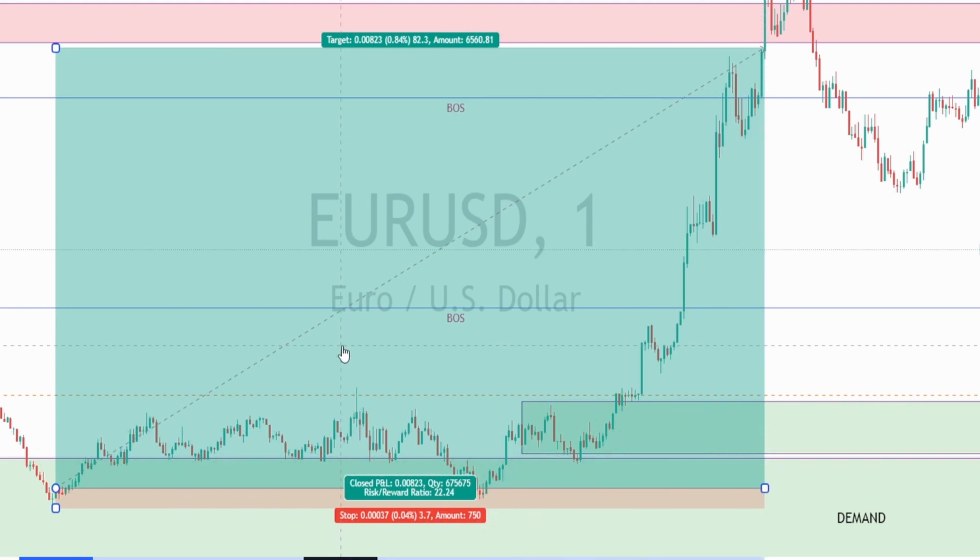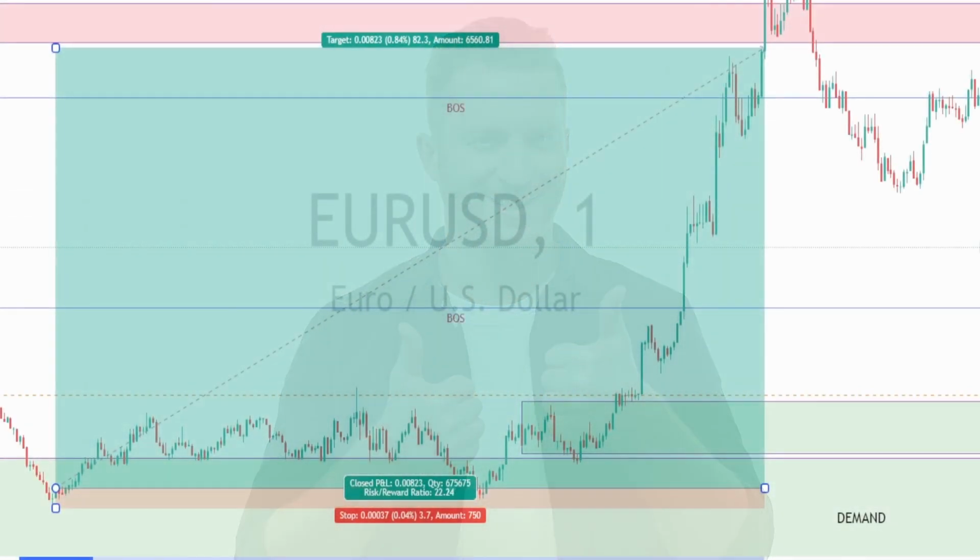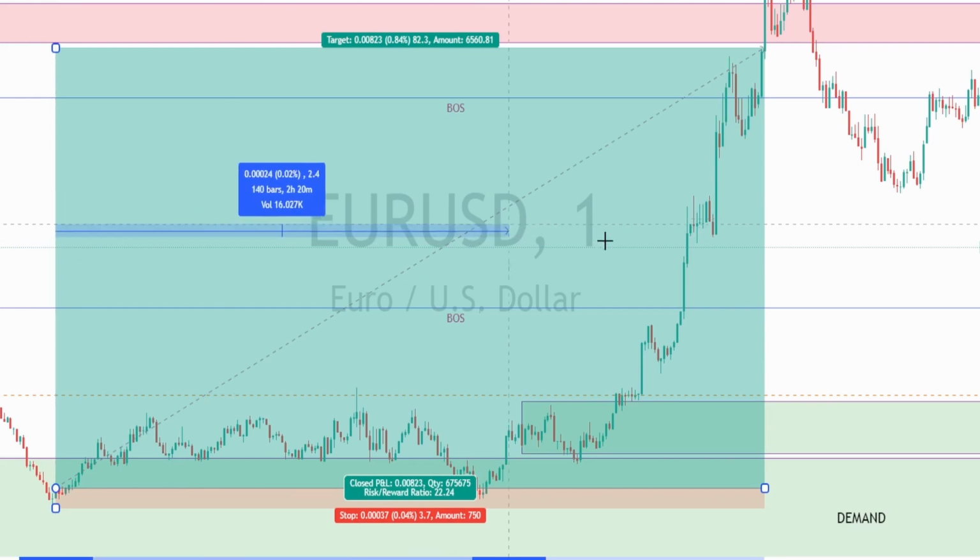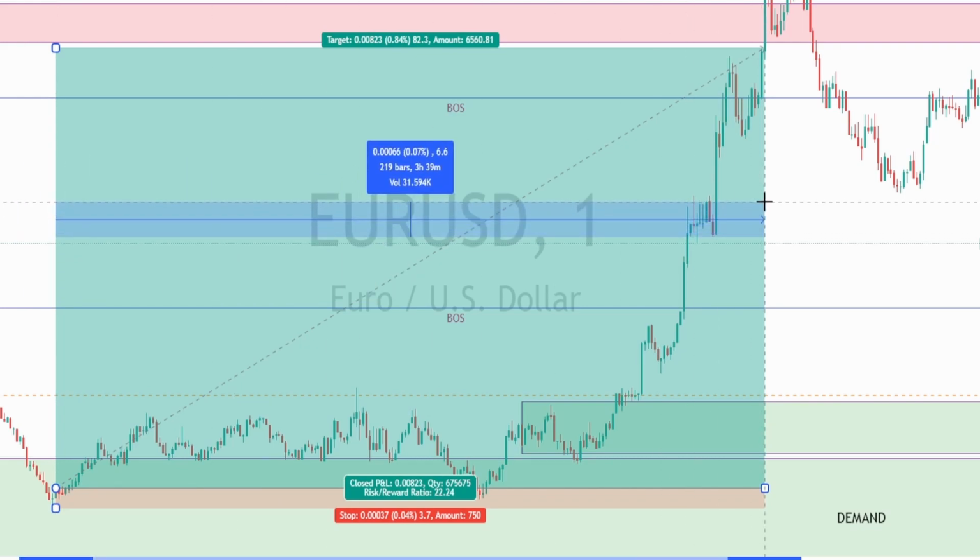And that was a 1 to 22 risk to reward. And this trade would have been 3 hours and 39 minutes. So you could see what time the trade, 6:21 in the morning to 10 a.m.